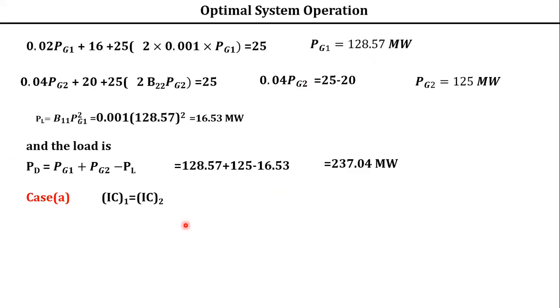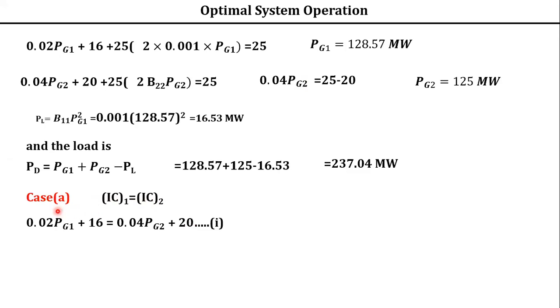Okay, so when losses are not included, this is the criteria for optimal dispatch. Understood? The incremental costs of all the plants are equal, isn't it? Therefore IC1 is equal to IC2, because it is a two plant problem. Under this condition you substitute the values.